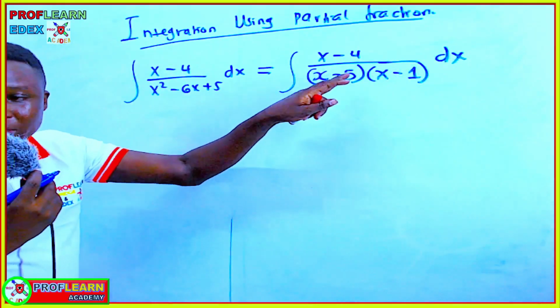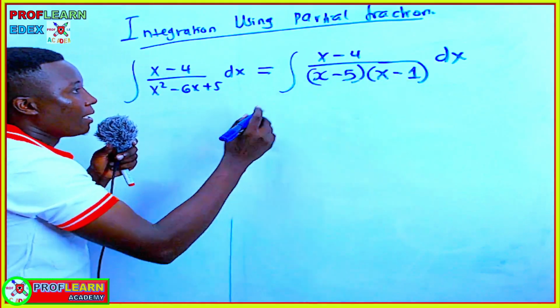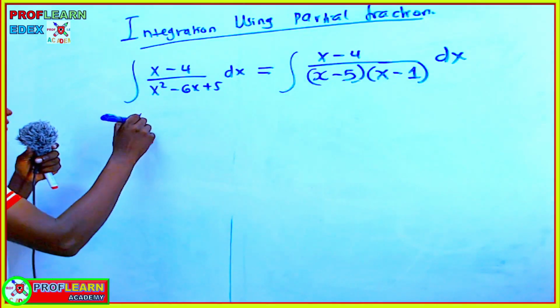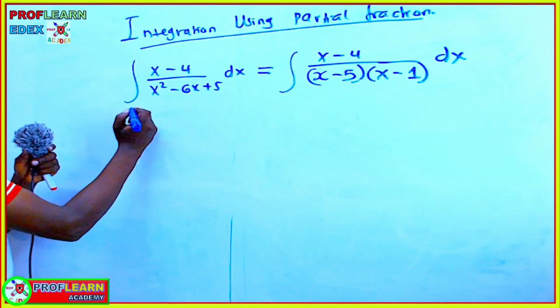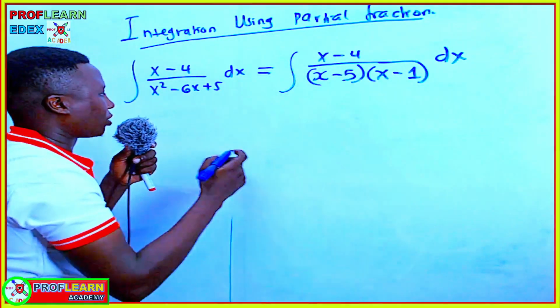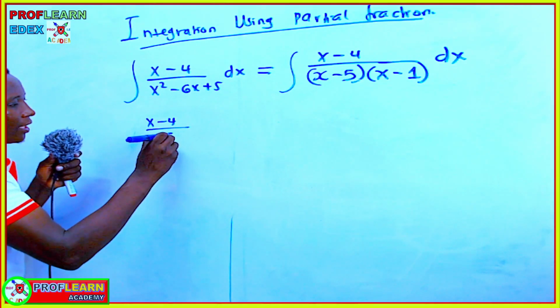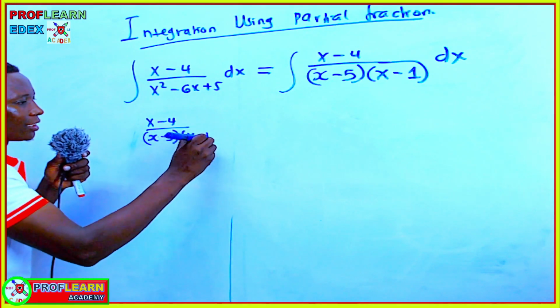Now we can express this as partial fractions. Since we have linear factors here, we can look at this expression as x minus 4 over x minus 5 into x minus 1.